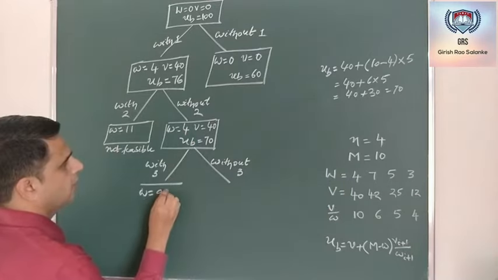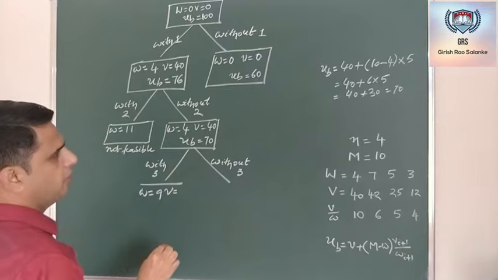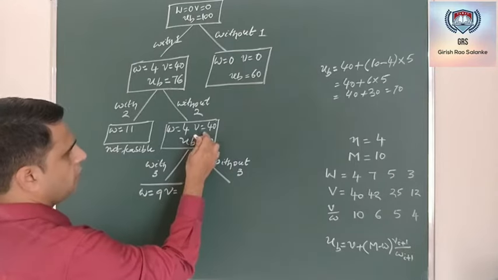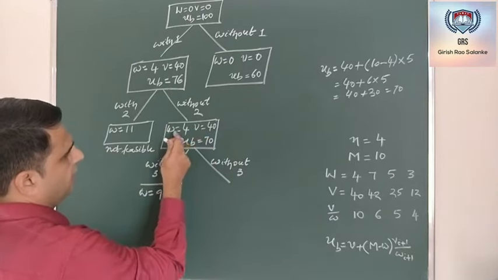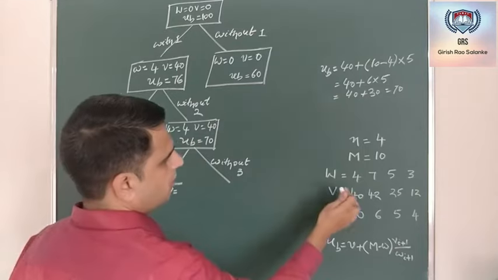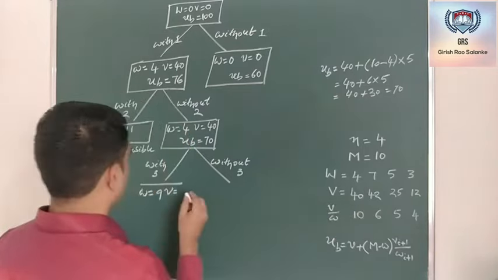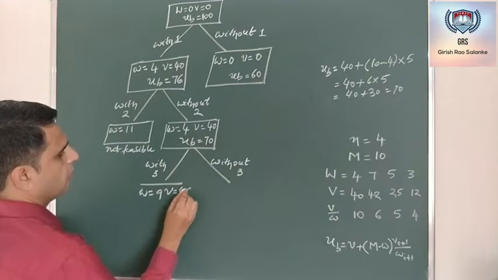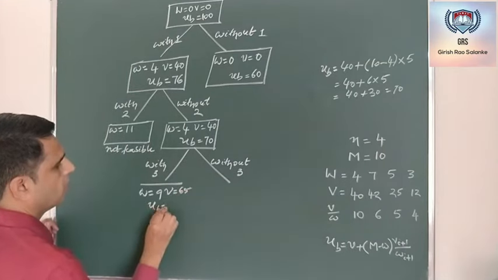Now with the third item, what happens is your W will be 4 plus 5, which is 9, and my profit will be, what will be your profit? It is 40 plus 25, which is 65. Find the upper bound.